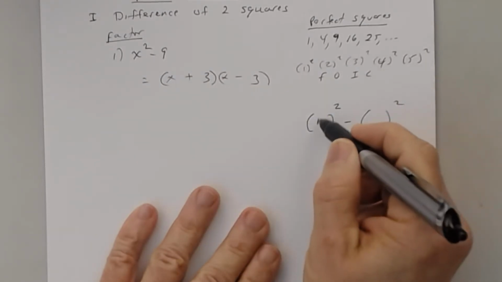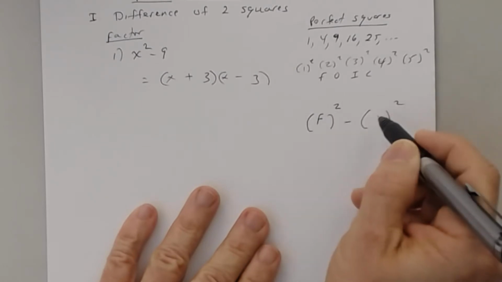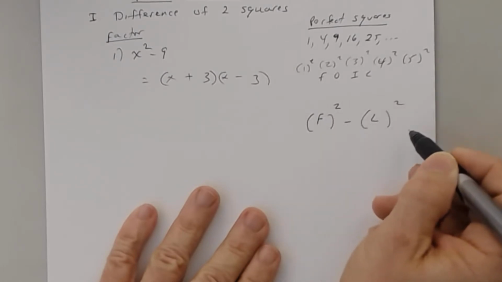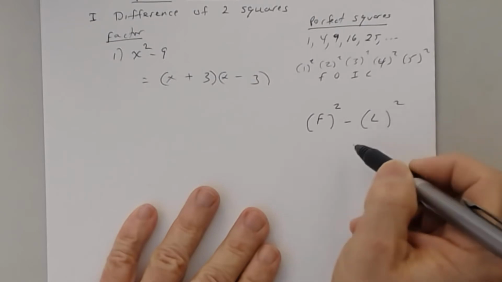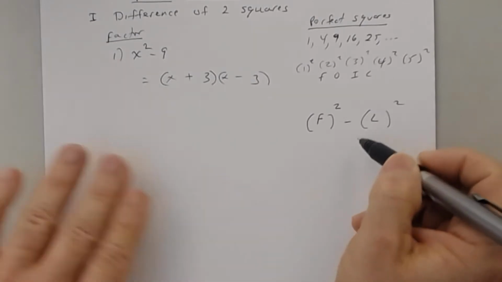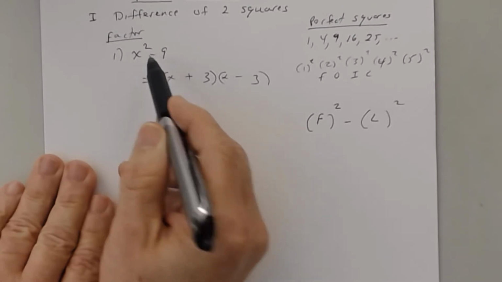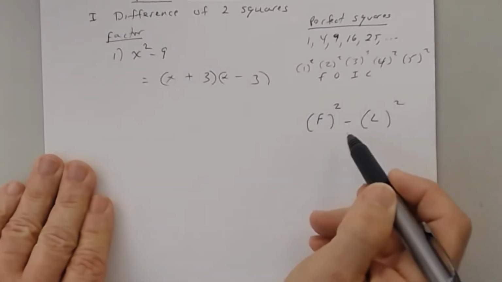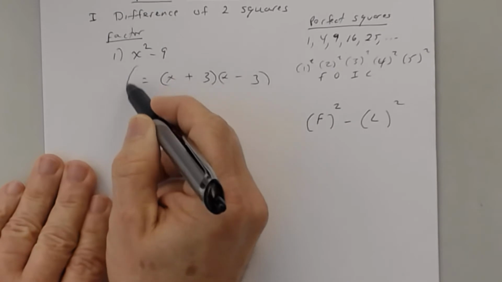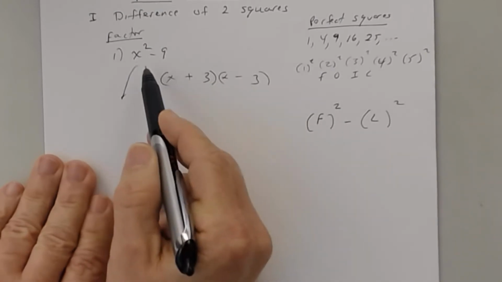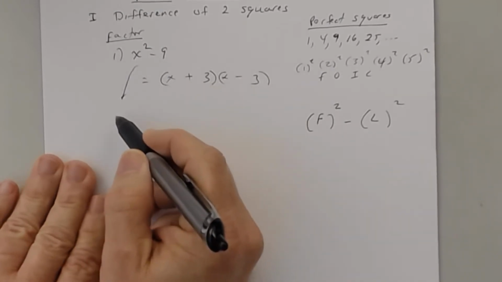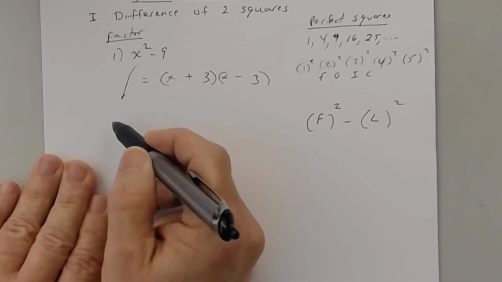So I'm going to call this F for right now, and I'm going to call this L for right now. So F squared minus L squared. Can I write these 2 terms as something squared minus something squared? Yes. And so it does help. Now this one's pretty easy not to do what I'm about to do, but for many of them it is a good idea.